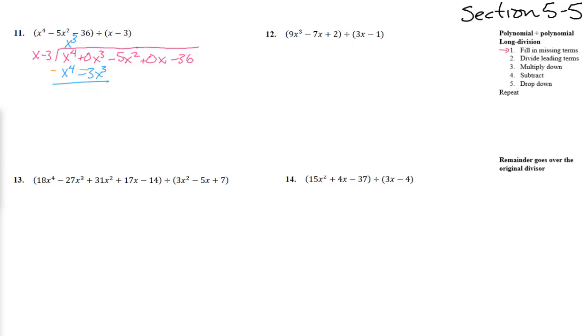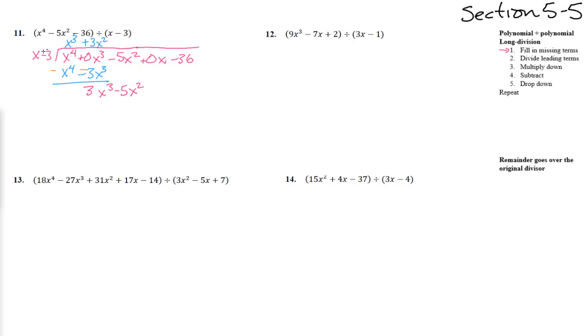Let's go back to the color scheme we had. That's a 3x cubed. Bring down the minus 5x squared. X goes into 3x cubed how many times? Looks like 3x squared.